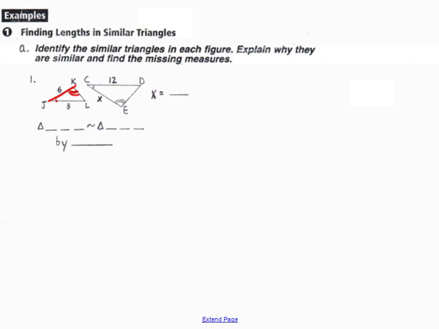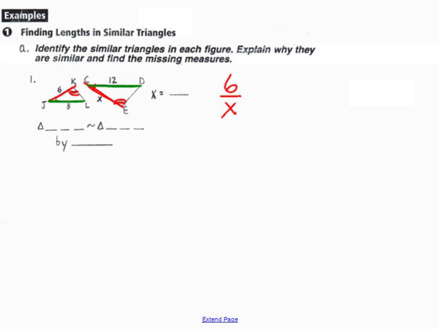I'm going to find the side that has one tick and two ticks, so it's going to be this side. We're going from the small triangle to the big triangle, left to right. And then I'm going to look and see the other side, the one that has one tick on the angle, one tick on the angle. So those two are similar.